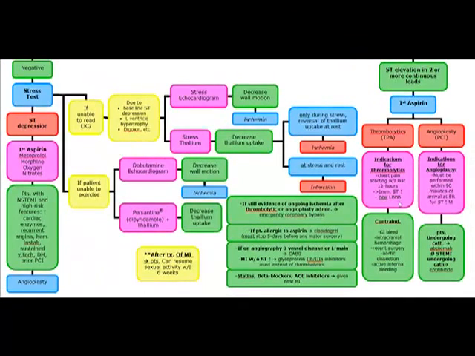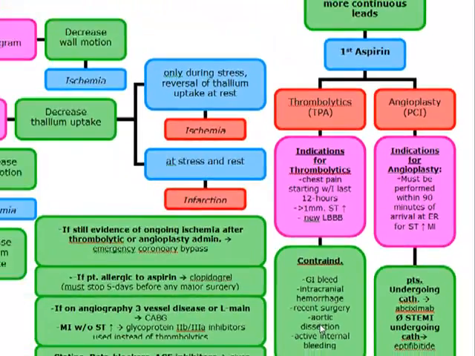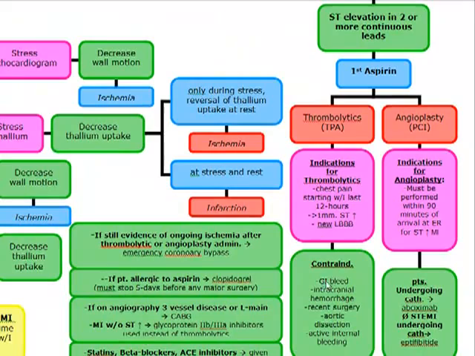But the things we have to worry about are the contraindications. You can't give TPA if they have a GI bleed, if they had any history of an intracranial hemorrhage, any type of recent surgery, if they've had an aortic dissection, or if they have active internal bleeding. So the indications for thrombolytics are few and far between.